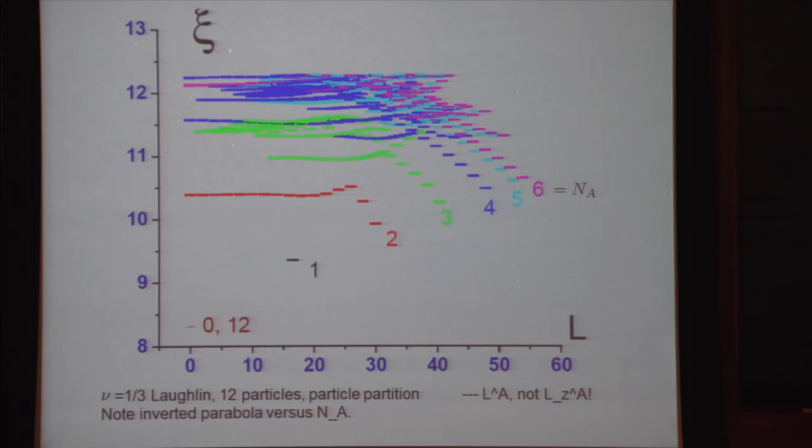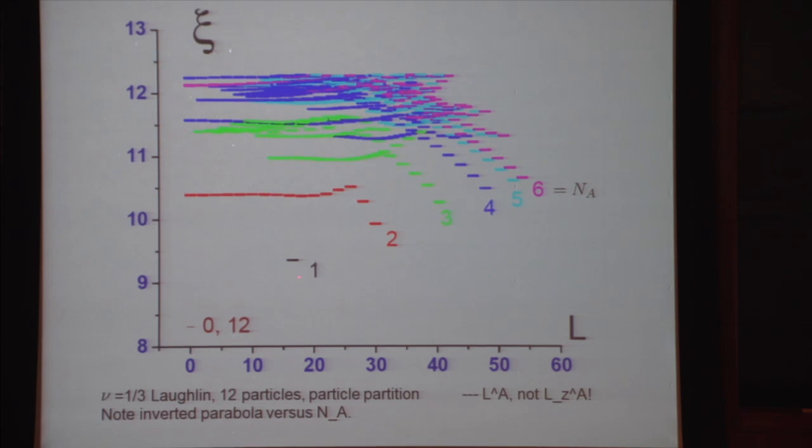These ones, which start here and go down, correspond to that inverted parabola because L is like Lz squared, I guess, right? I think that's the reason for that. So that's basically the inverted parabola in the other plot. Oh, I'm sorry, it's because that's plotted versus NA.